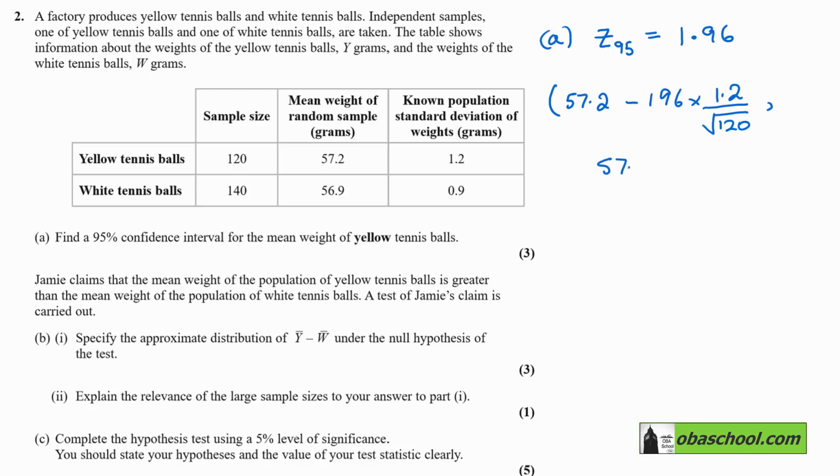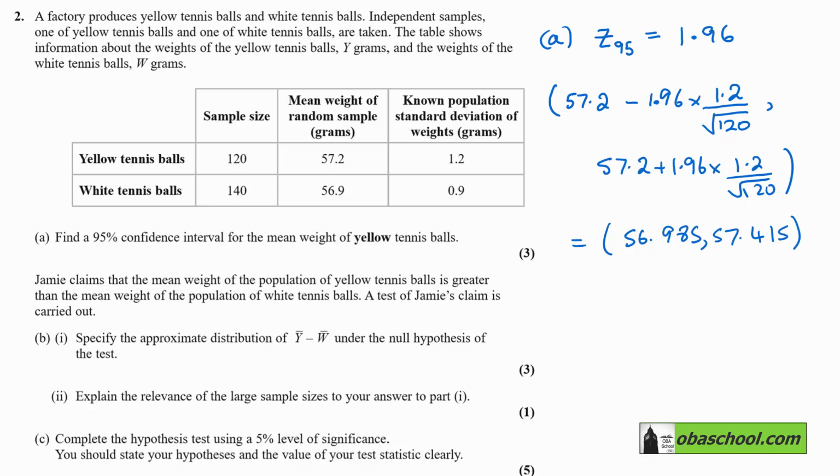And then the upper end will be 57.2 plus 1.96 times 1.2 over the square root of 120. And then it's just a case of calculating that. We get 56.985 and 57.415.